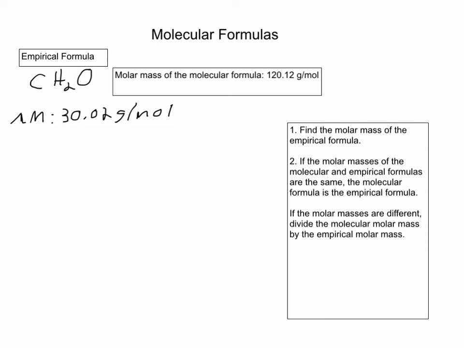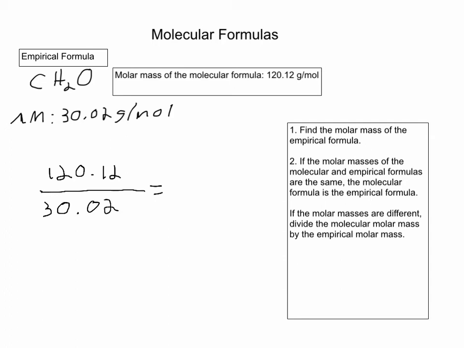So let's do that. We're going to divide it. Basically, this is to see how many times bigger the molecular formula is than the empirical formula. So we start, the molecular molar mass is 120.12. We're going to divide that by the empirical molar mass.